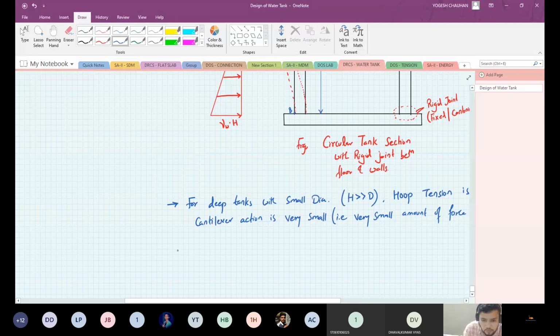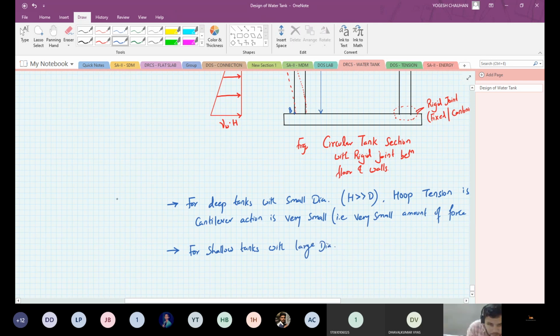Now, another case, for shallow tanks with large diameter.